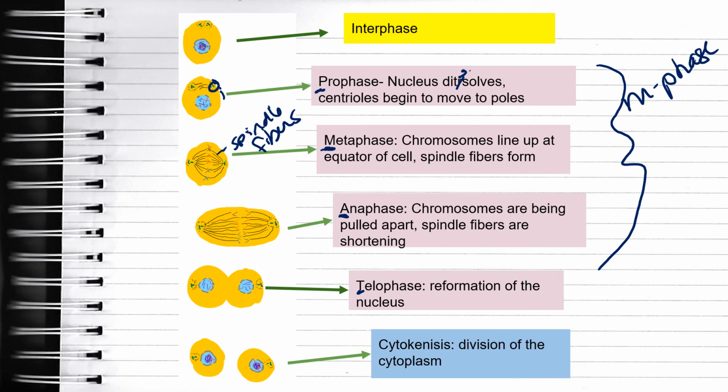The type of questions you're likely to see from this information: you should be able to identify what's happening in each of the pictures. Most of the questions I've seen, they show a picture and they ask what's happening here. And know that anaphase is where we make sure that each cell has its own set of chromosomes.